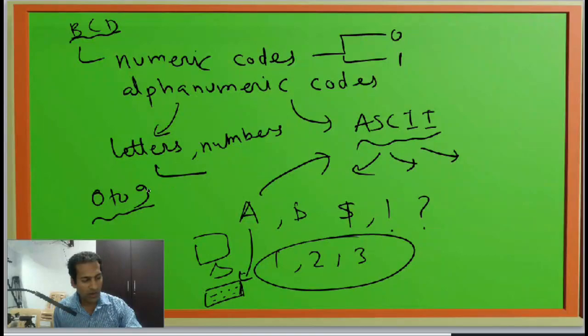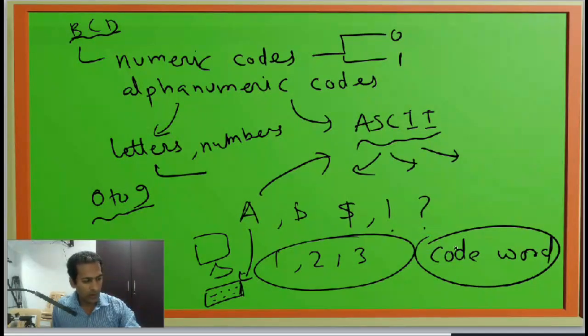Such a sequence of binary digits which represents a decimal digit is called a code word. All BCD codes have at least 6 unassigned code words. Anyway, we will see it in the BCD examples.